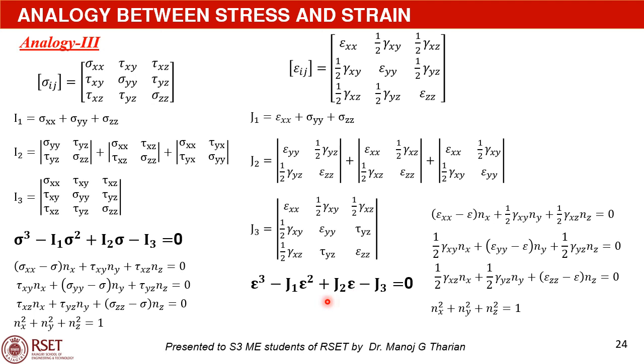Solving this cubic equation, we will get the three values for the principal strain, namely epsilon 1, epsilon 2 and epsilon 3. Substitute these values of principal strain in this set of equations and solve for nx, ny and nz. We will get the direction cosines for the normal to the principal plane for strain. It should be noted that the principal plane for stress and the principal plane for strain are one and the same.